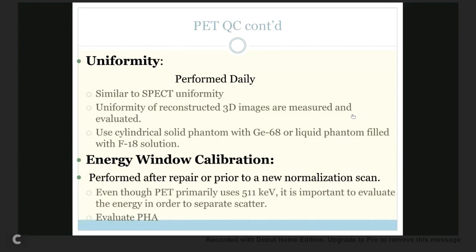Okay? And then you have your energy window calibration, and that's performed after repair or prior to a new normalization scan. Even though PET primarily uses 511 keV, it is important to evaluate the energy in order to separate scatter and evaluate the pulse analyzer.